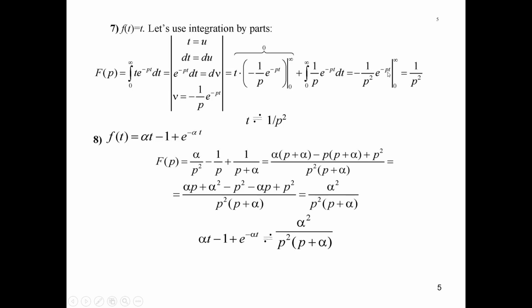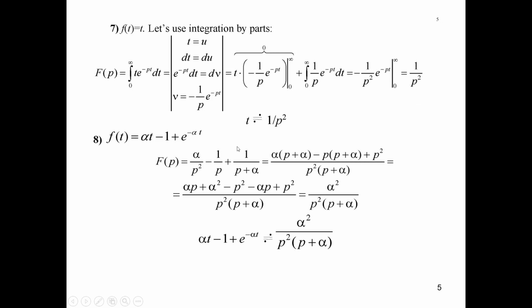When we substitute the lower limit, minus and minus will give us plus. It will be just 1 over p squared, because e to the 0 degree equals 1. Therefore, the image of the function t equals 1 over p squared.